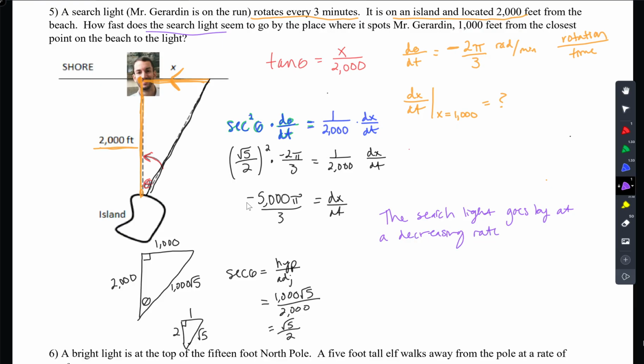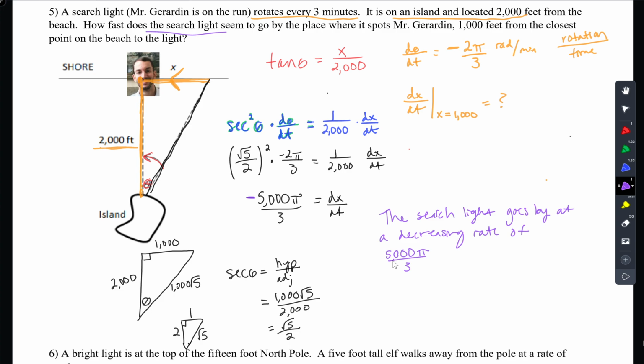The reason it's decreasing is because it's negative. Decreasing rate of 5,000 pi. So don't put the 1,000 or negative on this because you already said decreasing. It's like you're going south, going 60 miles per hour. You're not going to say negative 60 miles per hour. It's weird. So keep it positive because you already talked about the negative with the decreasing.